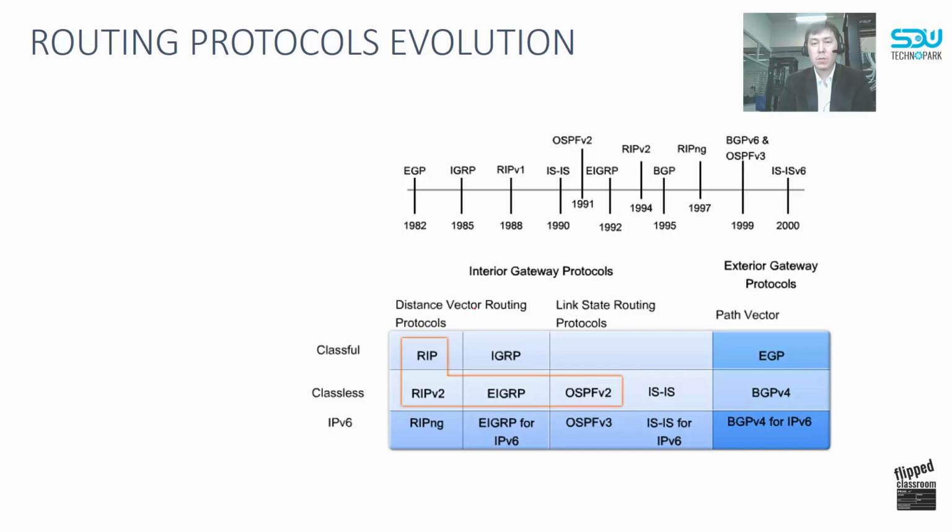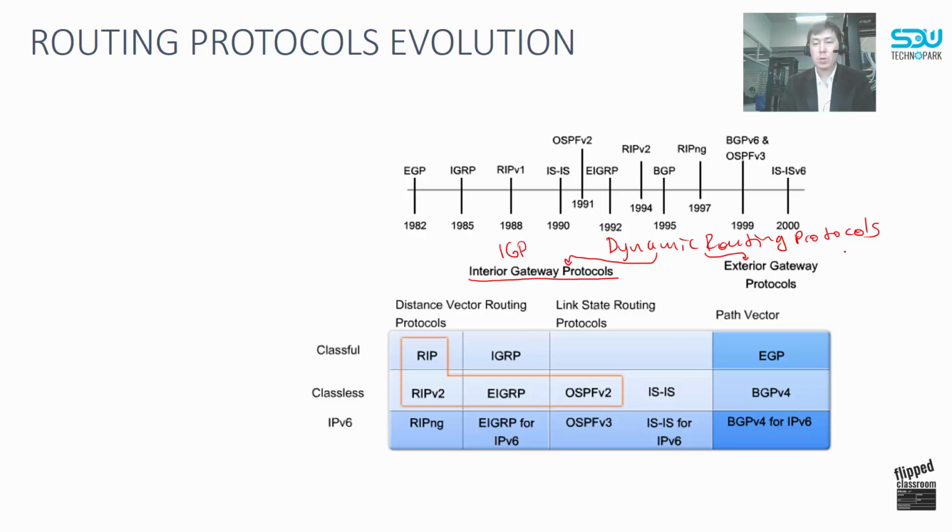Let us start from the first division of dynamic routing protocols. We have first division and second division. The first division is called interior gateway routing protocols, or we may abbreviate it: IGRP protocols.